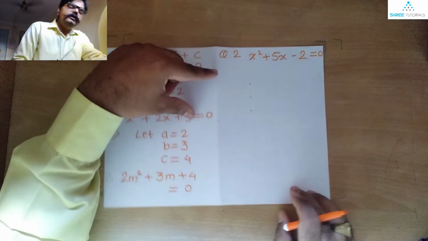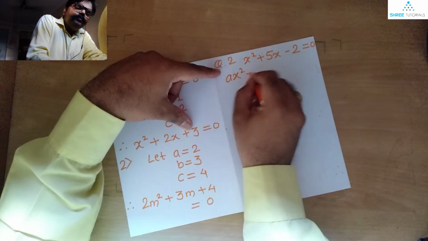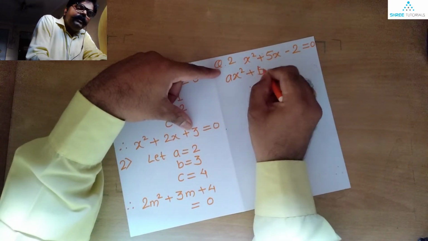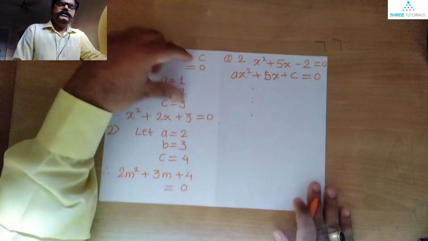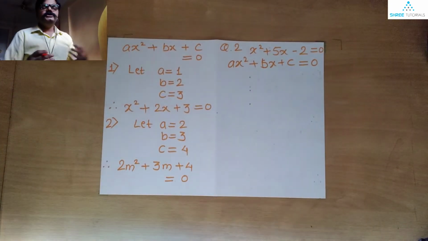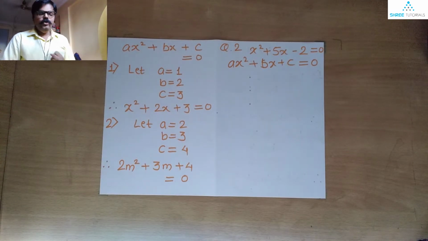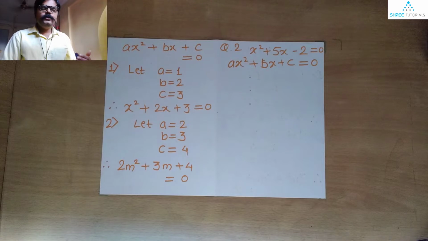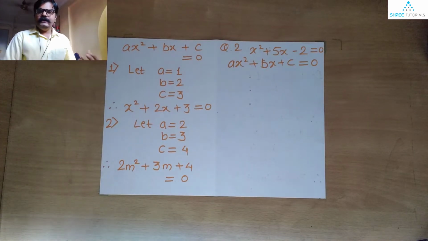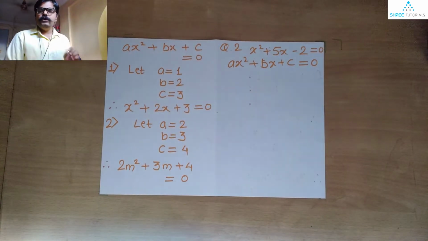Earlier we have seen that ax square plus bx plus c is equal to 0 is a general equation every quadratic equation must be able to follow. If you compare these two equations, you will see that a, b, c have certain finite values, and also these two equations look more or less the same.